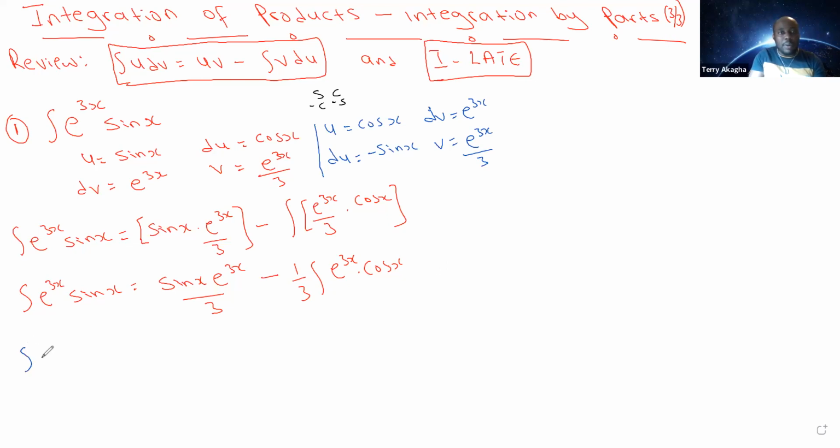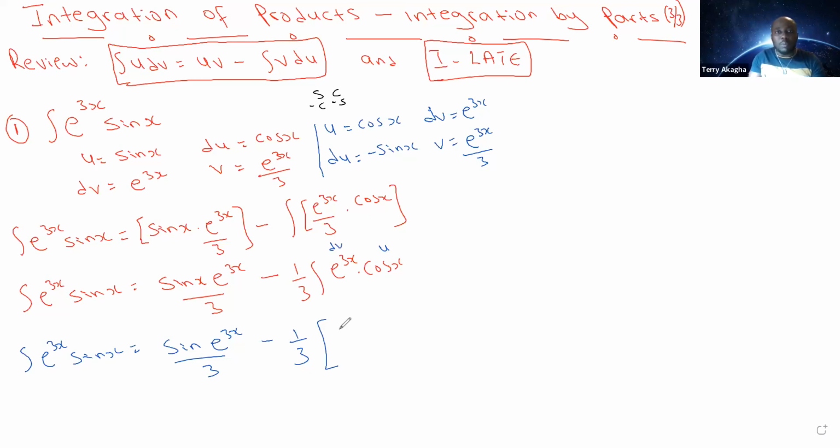So when you go integrating the second time now by part, the integral of e^(3x) sin x will be equal to sin x e^(3x) divided by 3 minus 1/3. So uv, remember this is going to be our u, and this is our dv.